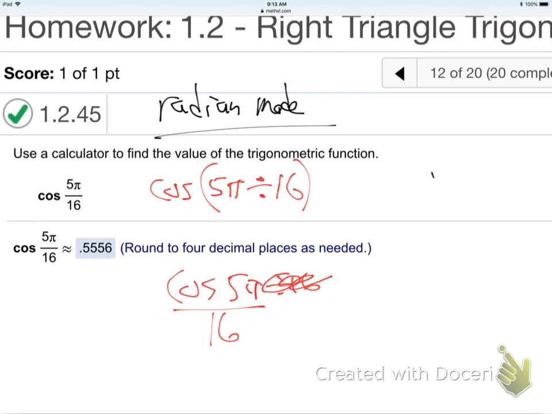That's different. You understand? Cosine's a function like a toaster, and you're plugging in the bread, so to speak. The question is, what's plugged in? The whole 5 pi over 16 is supposed to be plugged in, and the way you tell your calculator that is you put it in parentheses. If you write it without parentheses, cosine 5 pi divided by 16, it really means that. In other words, the 16 is not plugged into the toaster.